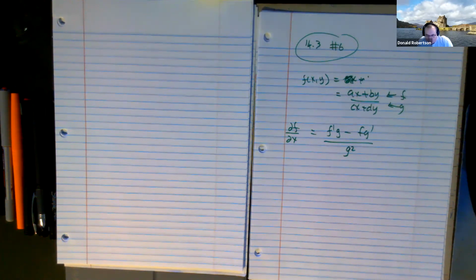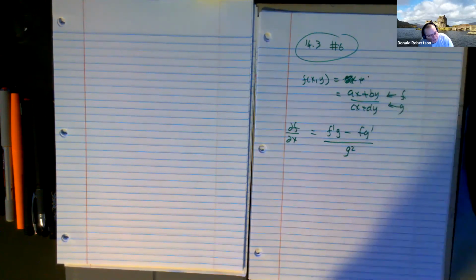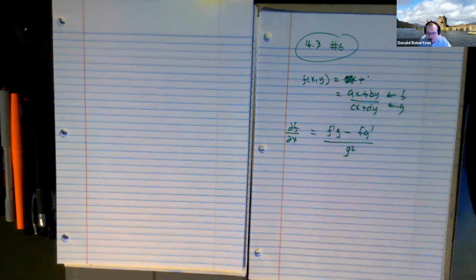They're never going to be regarded as a variable. X and Y, depending on the question, are considered a variable or a constant, but A, B, C, D are constants forever.